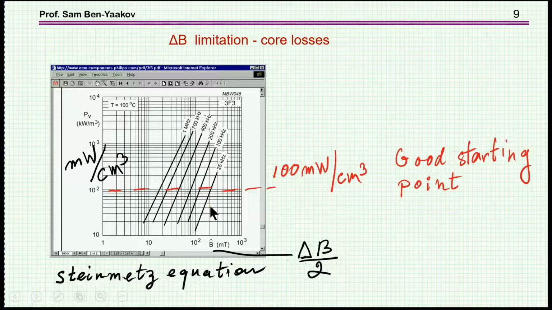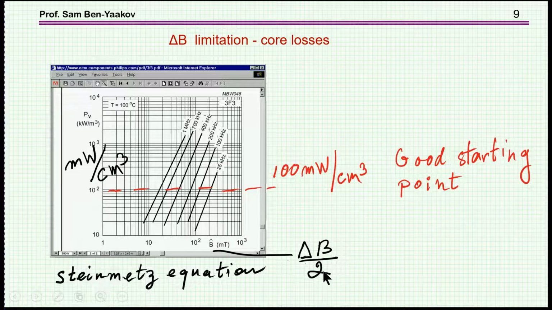They are fitted to a data curve. And this is a log-log scale, and since this is a power equation, then it becomes a straight line. So in here we see the variation in the magnetic flux density. This is the peak value, and it relates to delta B over 2.